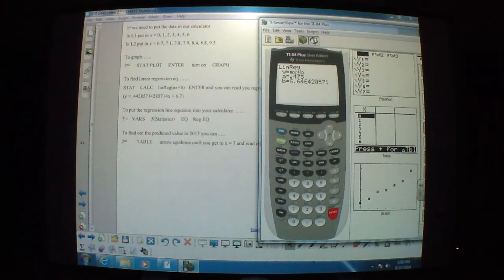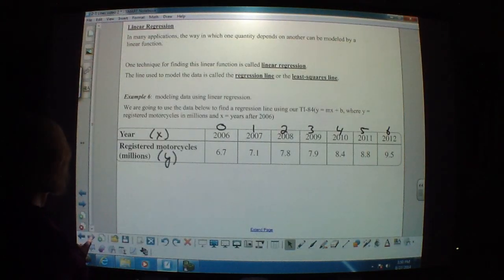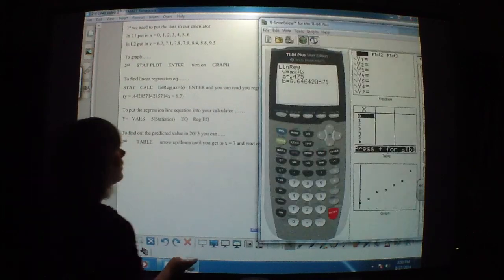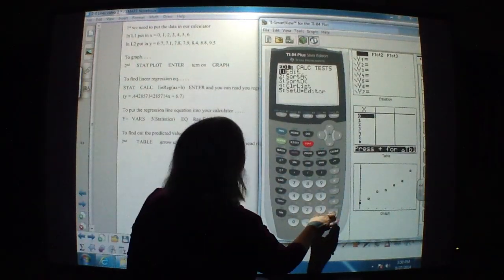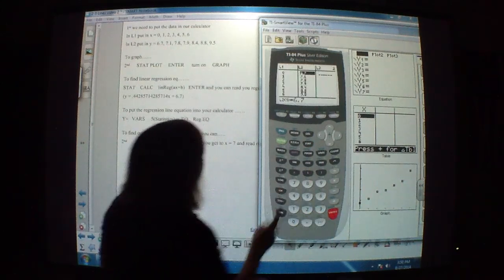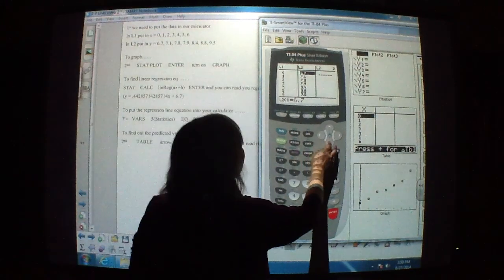Did I make a typo? Let me look at my data. Let me look here. Actually, I'll keep it there. Stat. Edit. 0, 1, 2, 3, 4, 5, 6, 6.7, 7.1, 7.8, 7.9, 8.4, 8.8, 9.5.